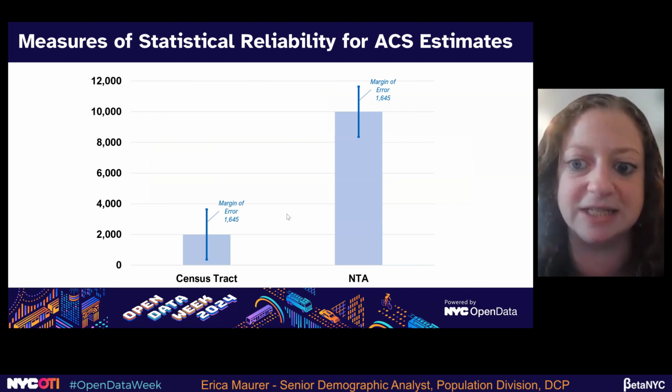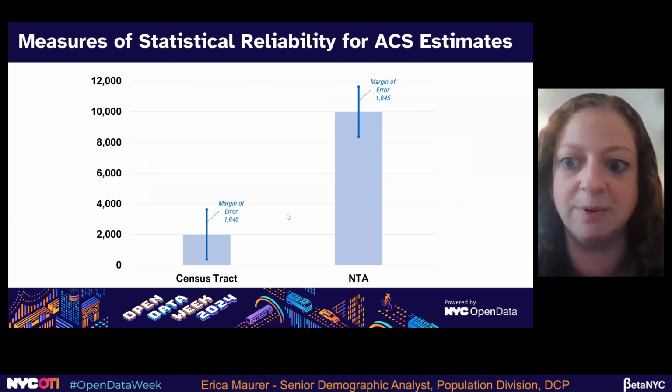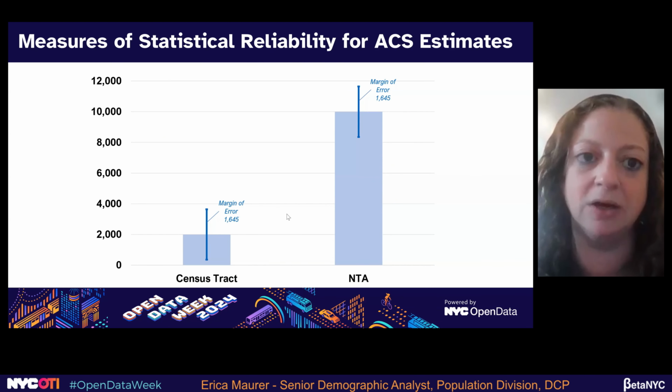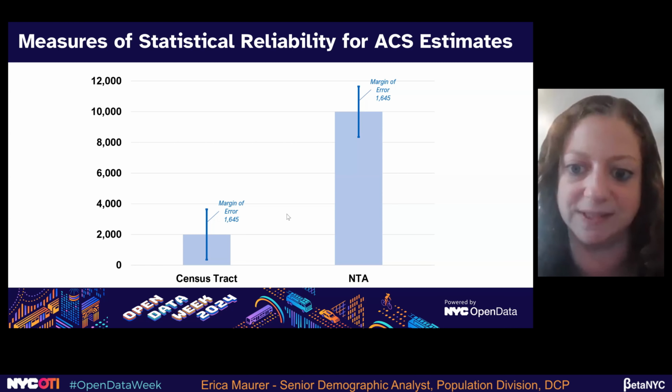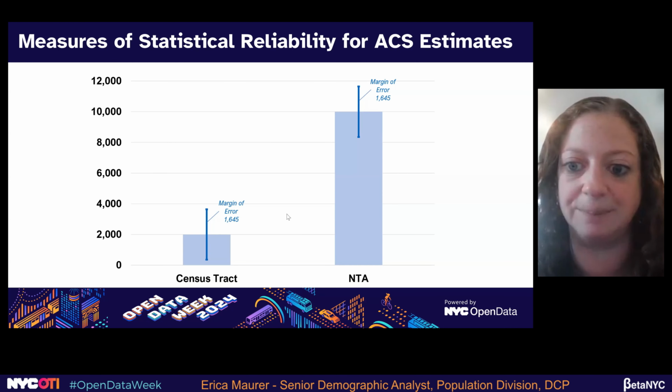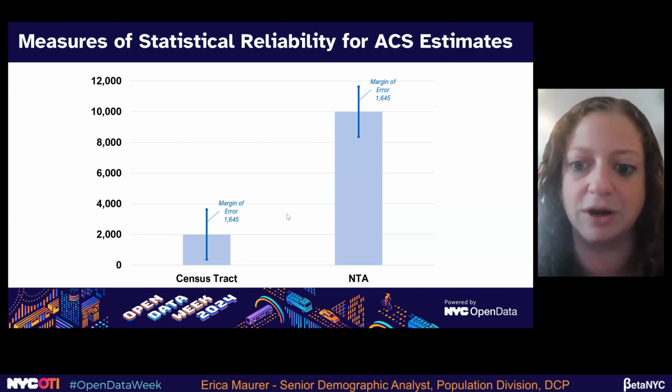They're exactly the same margin of error, but in relative sense, the NTA's margin of error is much smaller, and that's called relative reliability or coefficient of variation or CV. This is the relative reliability, and it's important to gauge with this whether or not the data are good enough for general use.